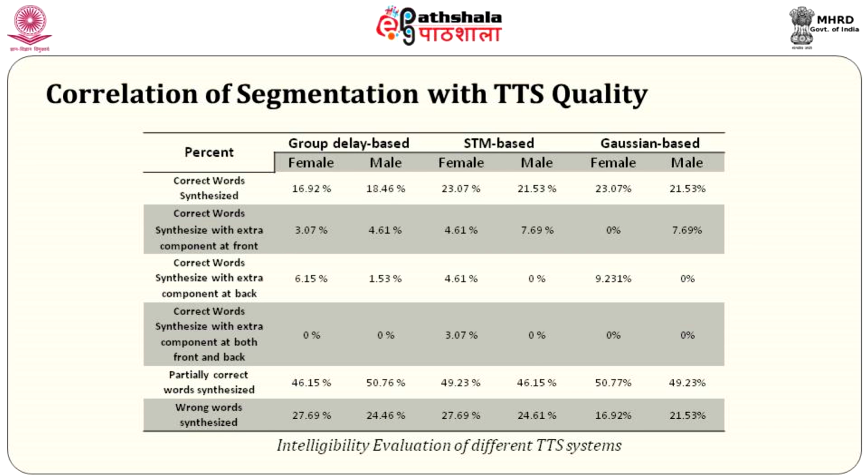In percent, you can see the correct word synthesized with extra component at front, correct word synthesized with extra component at back, correct word synthesized with extra component at both front and back, partially correct word synthesized, wrong word synthesized. Now the group delay based, STM based and Gaussian based, 3 kinds of approaches are shown and their corresponding male and female voice percentages are shown. So the quality of the TTS system depends on the accuracy of the segmentation algorithm.